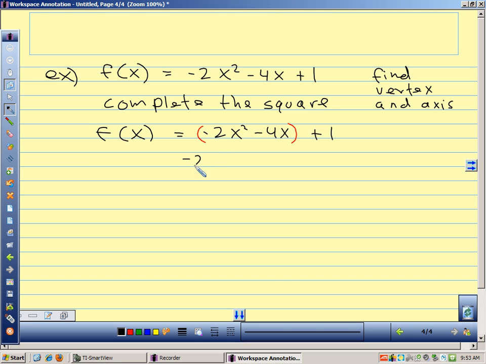I'm going to rewrite this as negative 2 times x squared plus 2x. So I just factored that negative 2 out. And I want to complete the square on this.